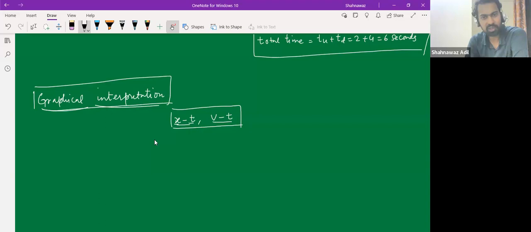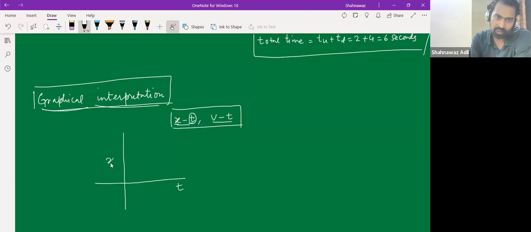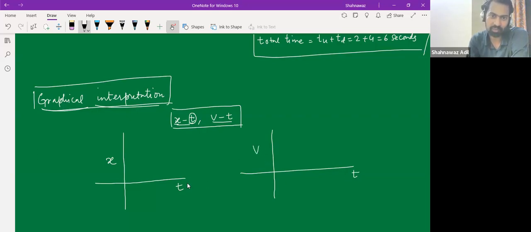In the position-time graph, position would be dependent and time would be independent. Yes, time is always independent, because we cannot change time or stop time. So time comes on the x-axis, and position comes on the y-axis. This is the x-t graph. Similarly, for the velocity-time graph, this is the independent one and this is the dependent one.